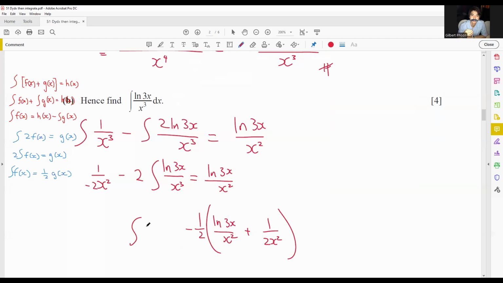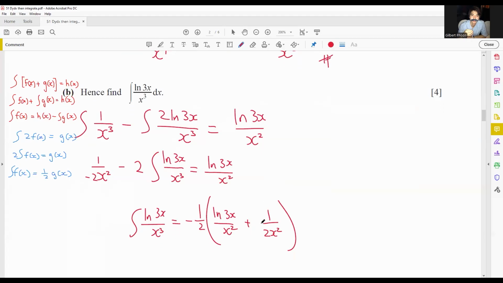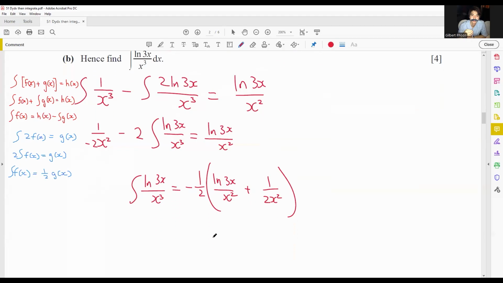So the integration of ln 3x over x cubed is equal to this. Then from here, expanding the bracket, you get negative ln 3x over 2x squared minus 1 over 4x squared. Then remember to plus c, right? This will be your final answer here.